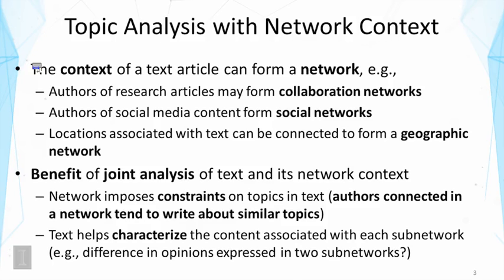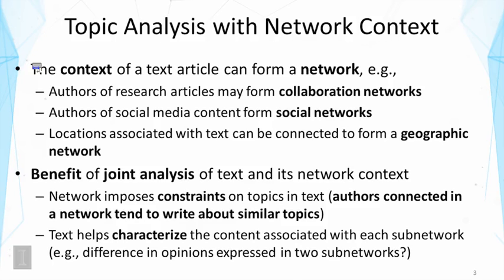Now, there is some benefit in jointly analyzing text and its social network context or network context in general. And that's because we can use the network to impose some constraints on topics in text. So for example, it's reasonable to assume that authors connected in a collaboration network tend to write about similar topics. So such a heuristic can be used to guide us in analyzing topics.